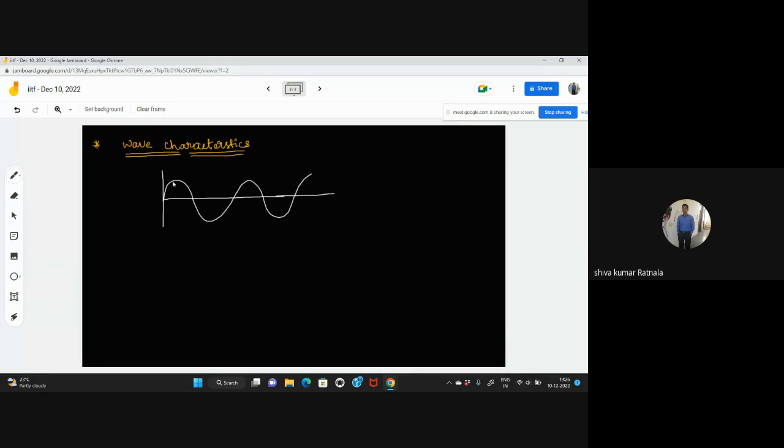This is what we can say. This is crest, right? Correct, sir. And this is trough. Correct. True. Okay, trough. And now, first one, what are the wave characteristics we can write? First one, wavelength. So crest is directly proportional to trough. True. Means both of them are equal in amplitude. Okay, sir. In height and depth.